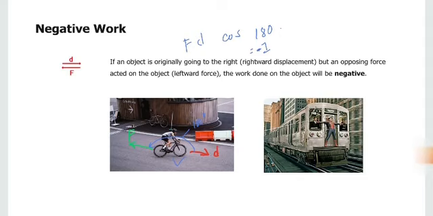Okay? Positive work, when we say positive work, the force applied to the object is causing it to be displaced. Negative work, the force done on an object is preventing it from being displaced. 0 work, the force applied on the object is not doing anything, not contributing to the displacement of the object.